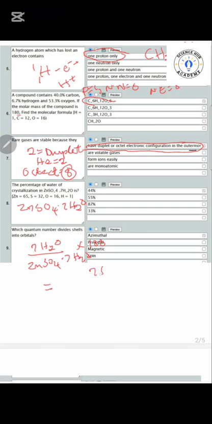So 7H2O will definitely give us 7 multiplied by 2 times 16, which will give us 7 multiplied by 18. So 18 multiplied by 7 will give us 126 grams. So that's actually the mass of 7H2O.